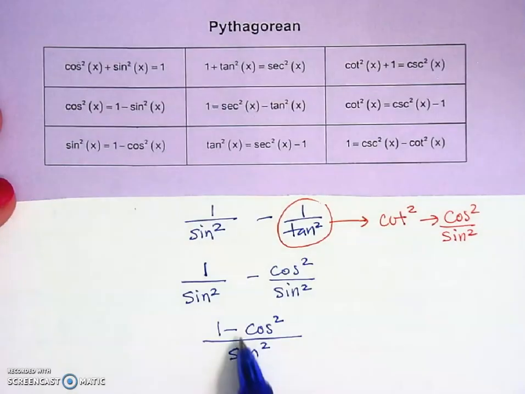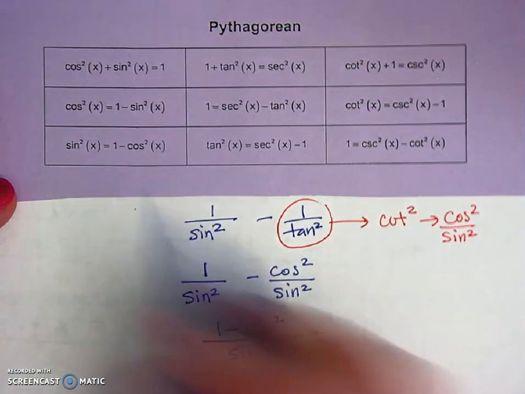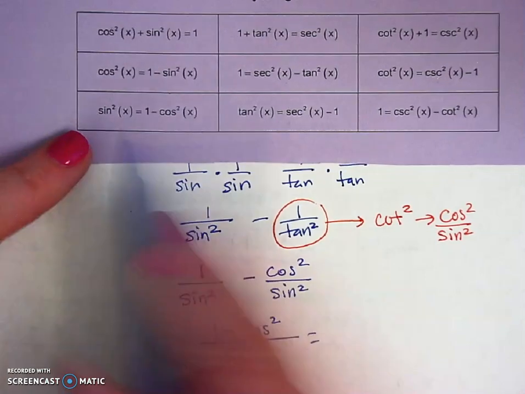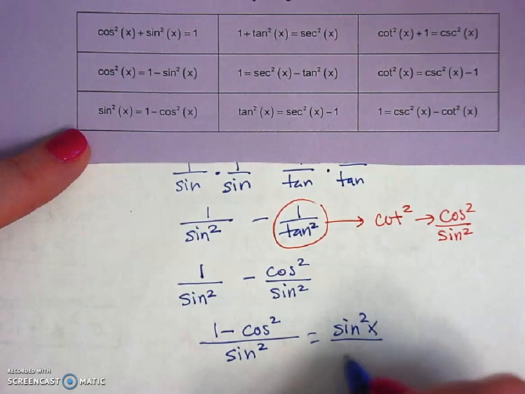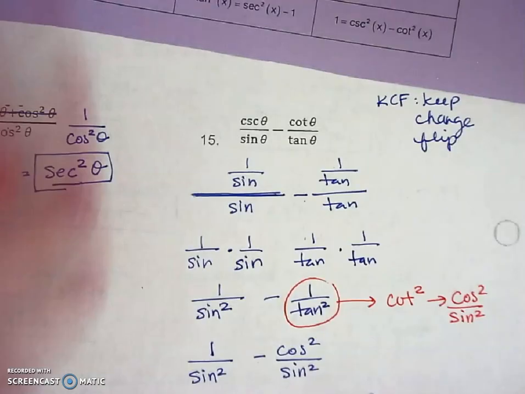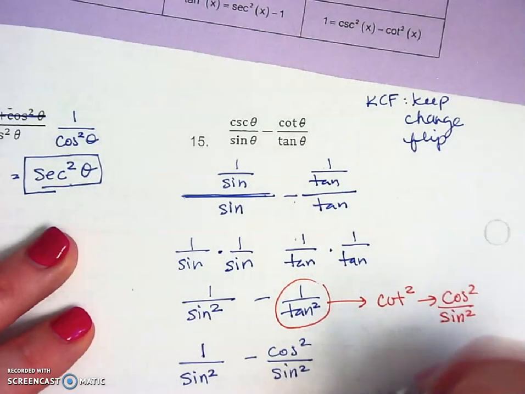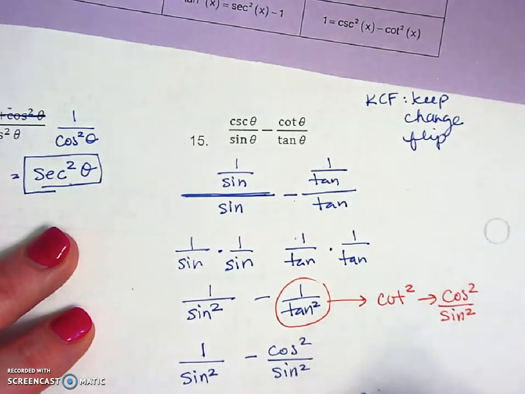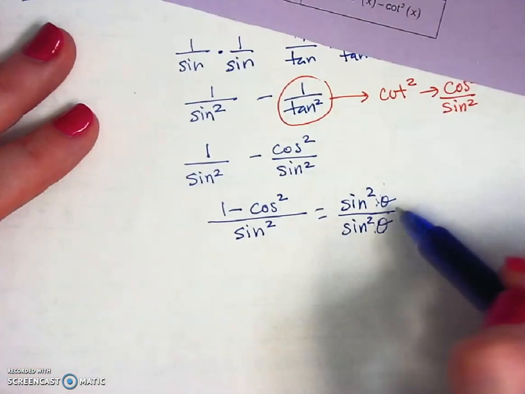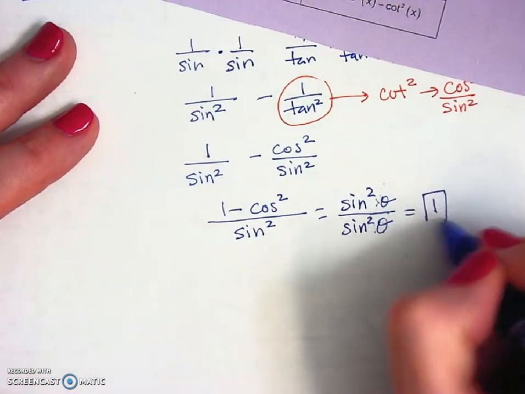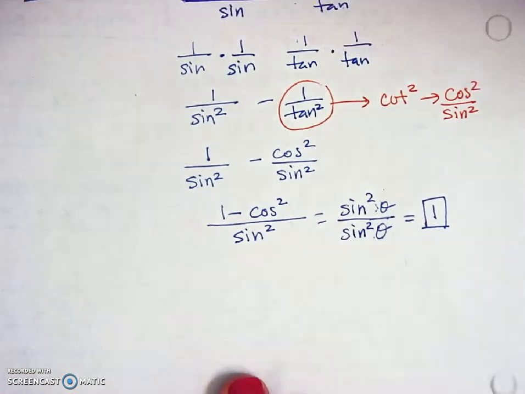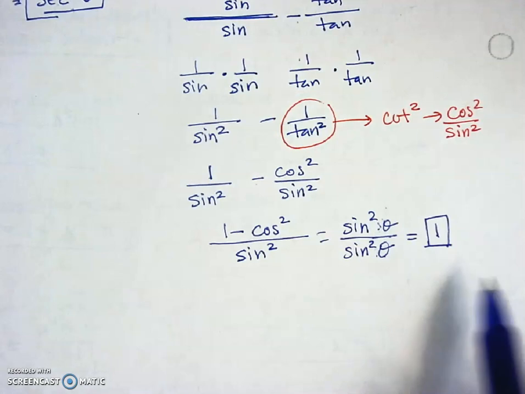So I can replace all of this numerator now with sine squared x. And on the bottom I have sine squared, or I guess it was theta. Either way, something divided by itself is equal to 1. So I simplified the entire expression to one number.